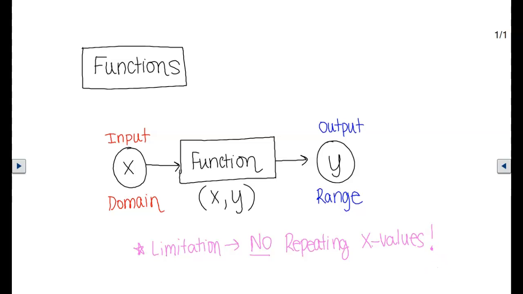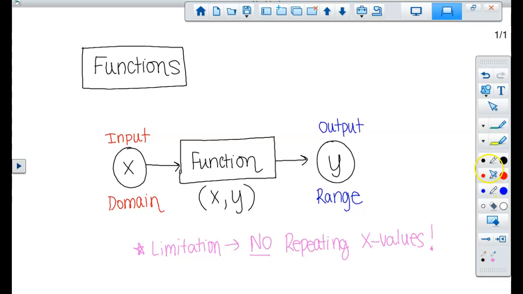All of the x values in a function have to be different. If they are not different, then it is not a function. So this is the beginning. This is what we've been working with for the last couple of days.